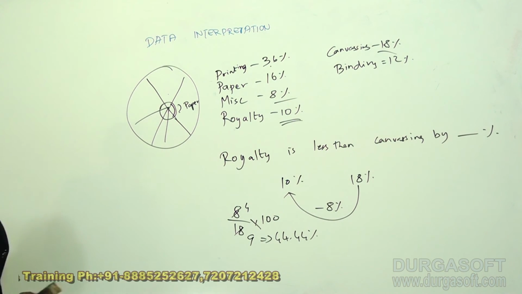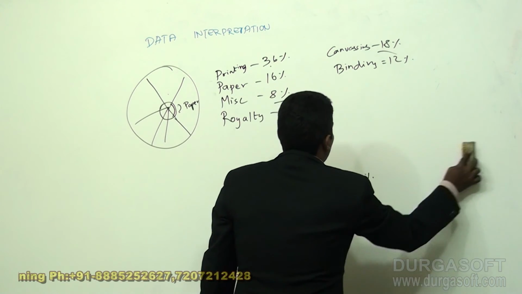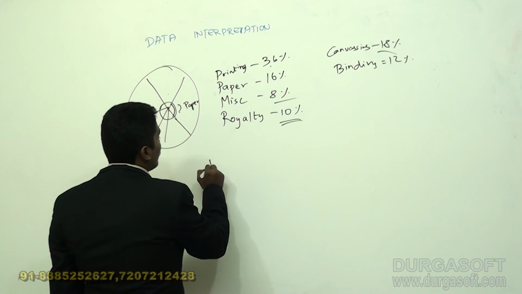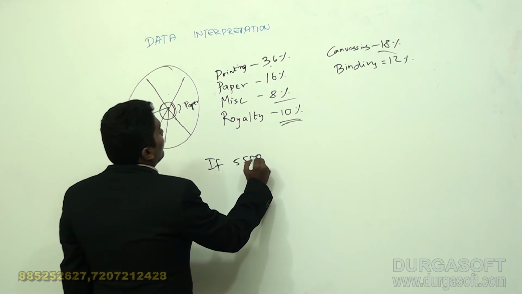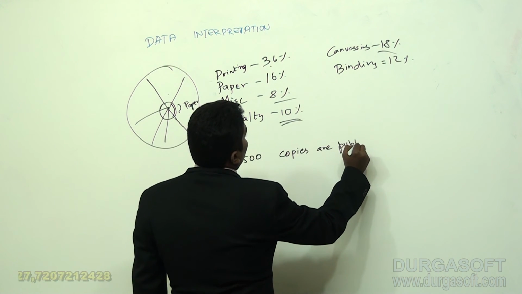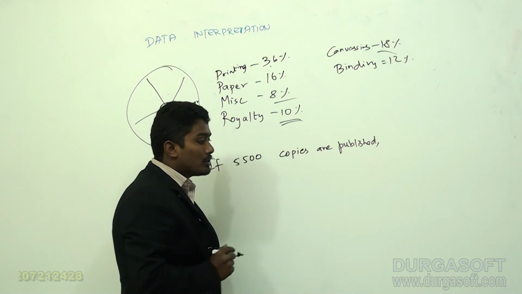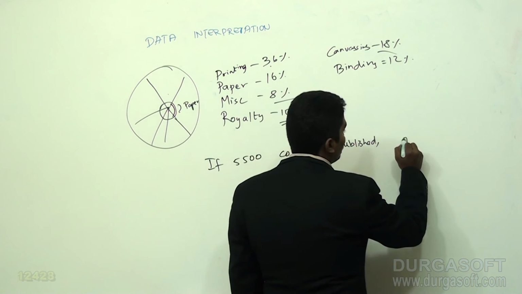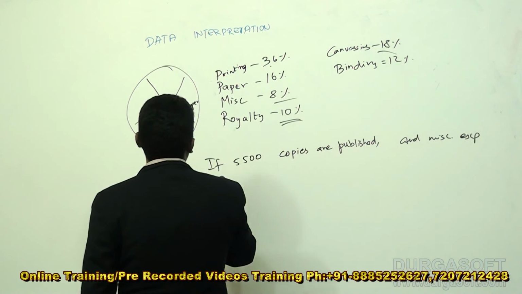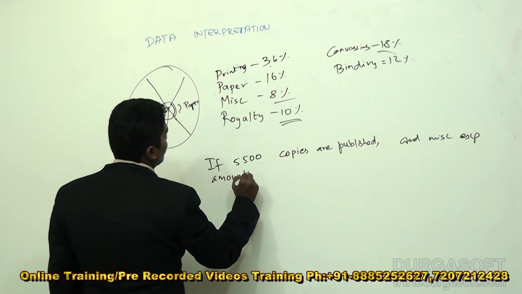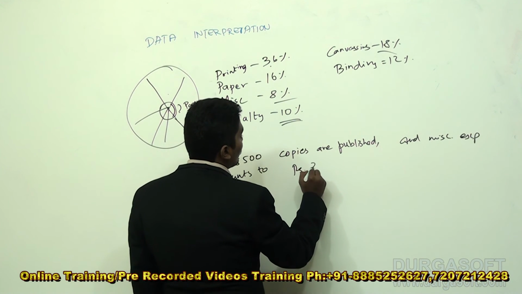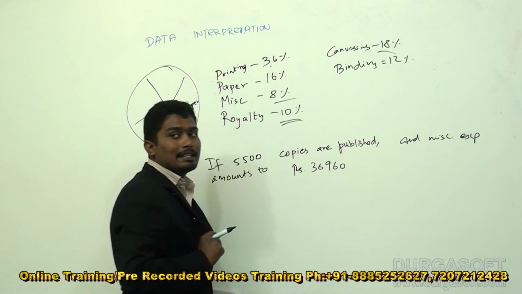The question states that 5,500 copies of the book are published. The miscellaneous expenses amount to rupees 36,960.